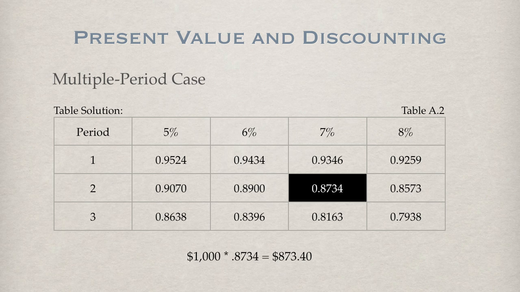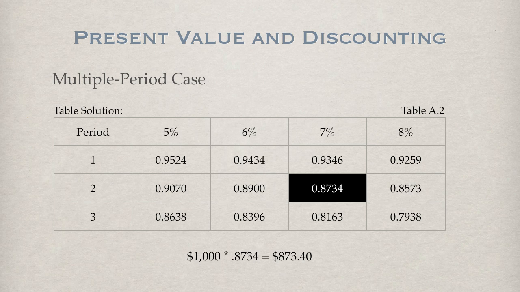If we find 7% across the top of the table and follow it down 2 periods, we find what is known as the present value factor. This is a factor to be used against the future value. So, for example, we find that the factor to be used in this case is 0.8734.